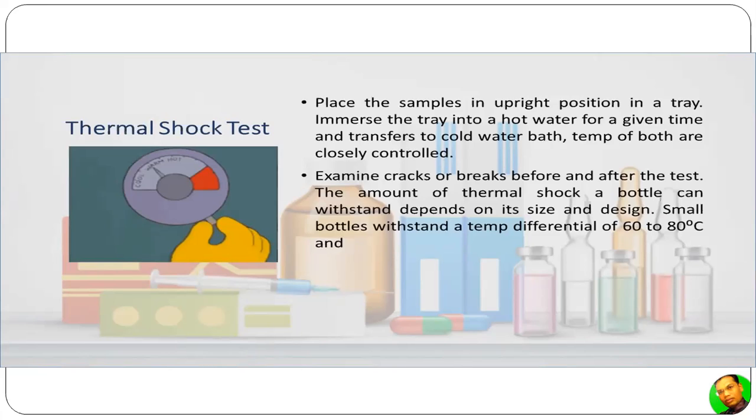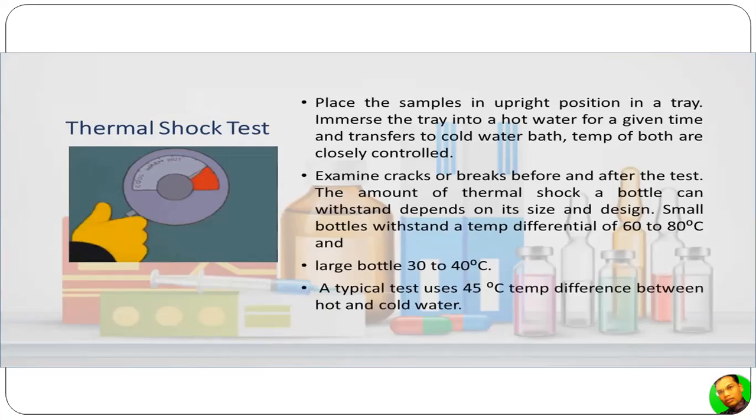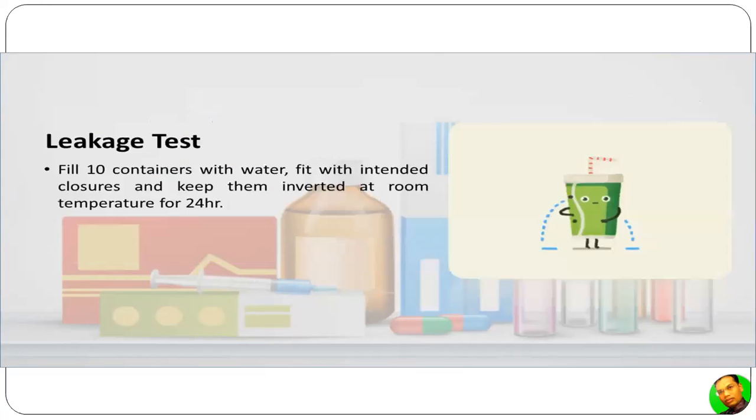So that is the thermal shock test. Large bottles can withstand up to 30 to 40 degrees. A typical test uses a 4 to 5 degrees Celsius temperature difference between hot and cold water.